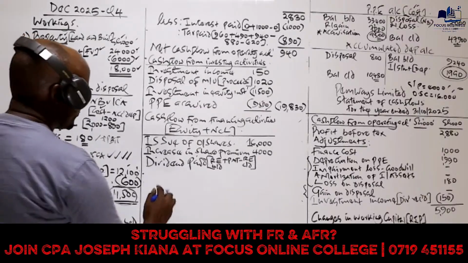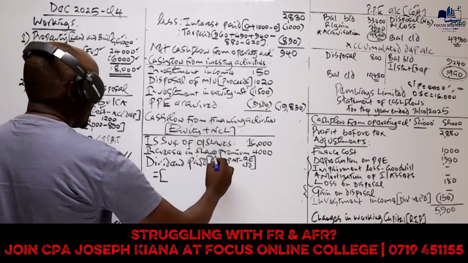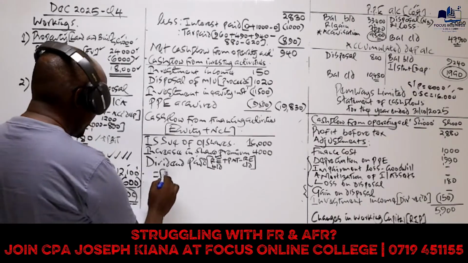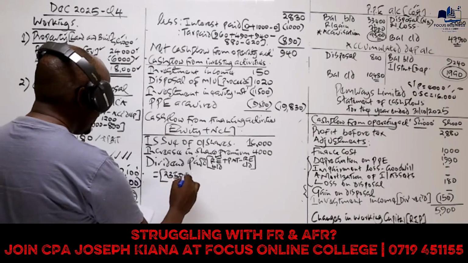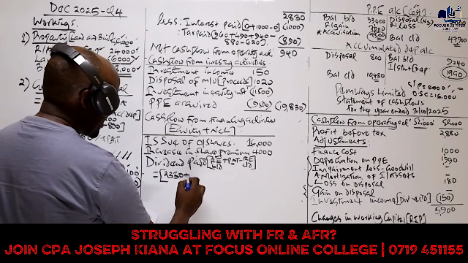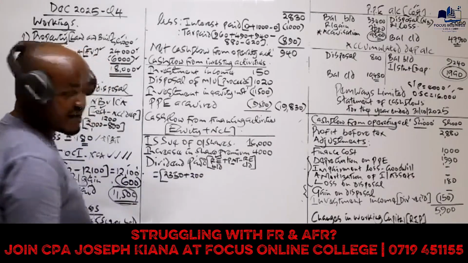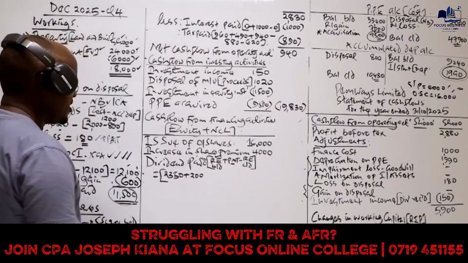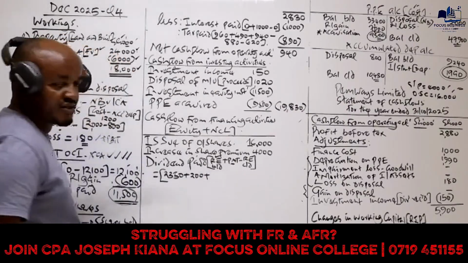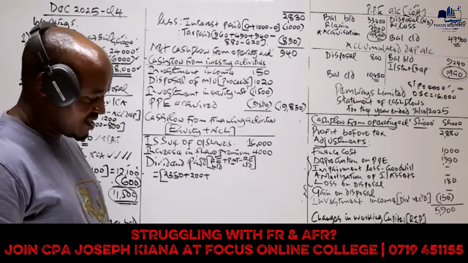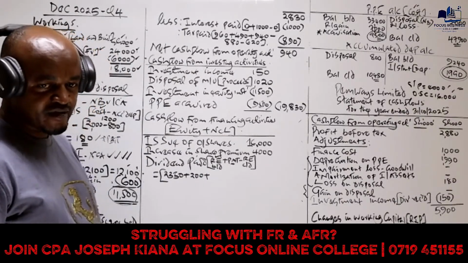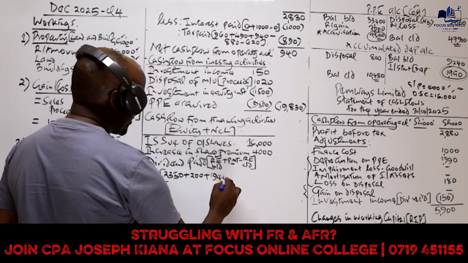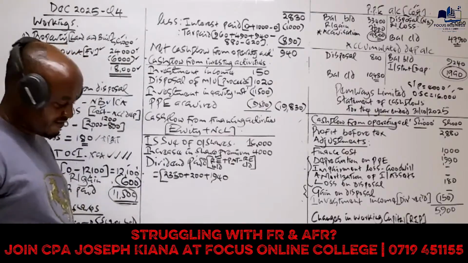So let's compute the dividends which were paid. I will take the retained earnings at the start, from the equity, which is 20,350. Even before I add this, I must add the 200 excess depreciation. And then I add the profit after tax. I get this from the income statement; the profit after tax is the same as the profit for the year, 1,940.